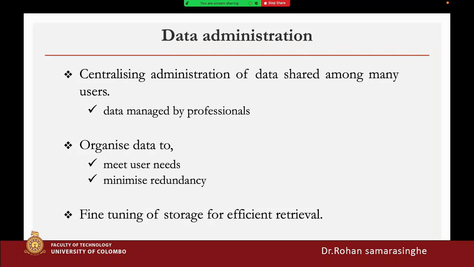If the same data is repeated in different tables, what would happen? You can't maintain atomicity, so you have to minimize the redundancy. Data can be seen in only one place, one data. So fine tuning the storage for efficient retrieval, those are the data administration.